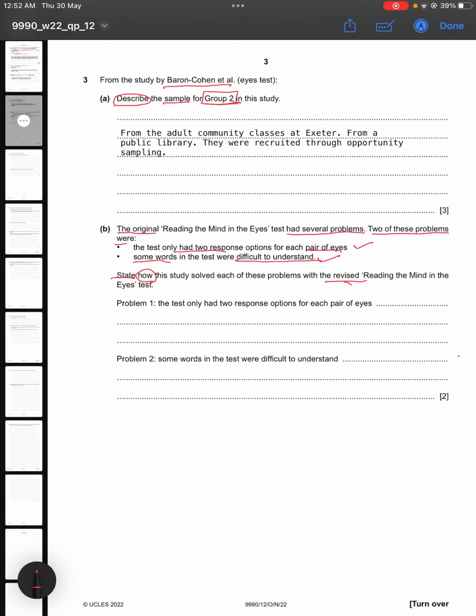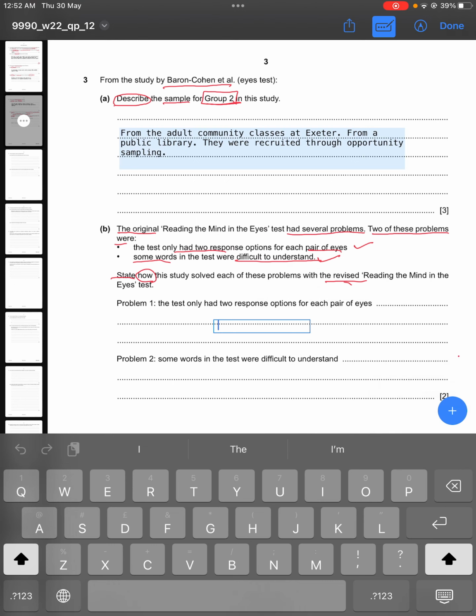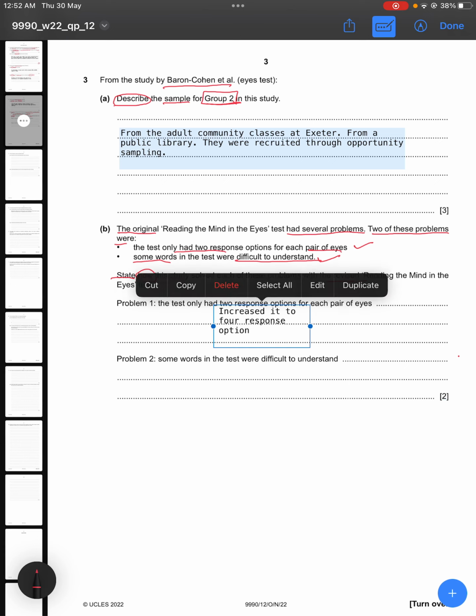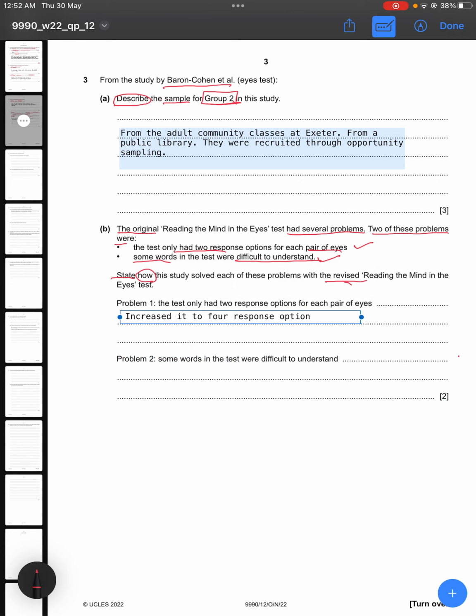So in the revised version, they had 4 options for each pair of eyes. So you can write that they increased it to 4 responses or response options. Or you can also write they added 2 more, so that's the same thing.